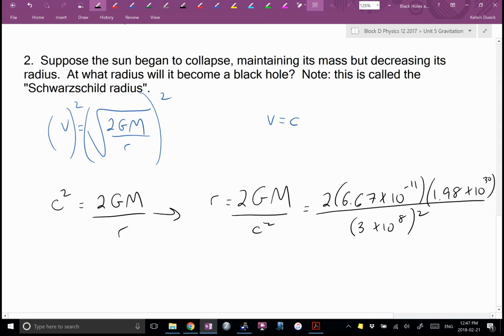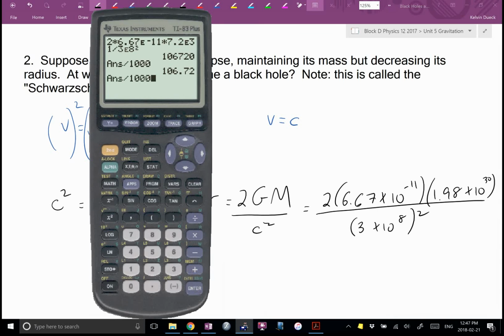What do you get? You know what? I think, again, I can just backspace edit and just change some numbers. I got the 2. I got the 6.67. I need to change the 1.98 times 10 to the 30, and I should have just used my insert button.